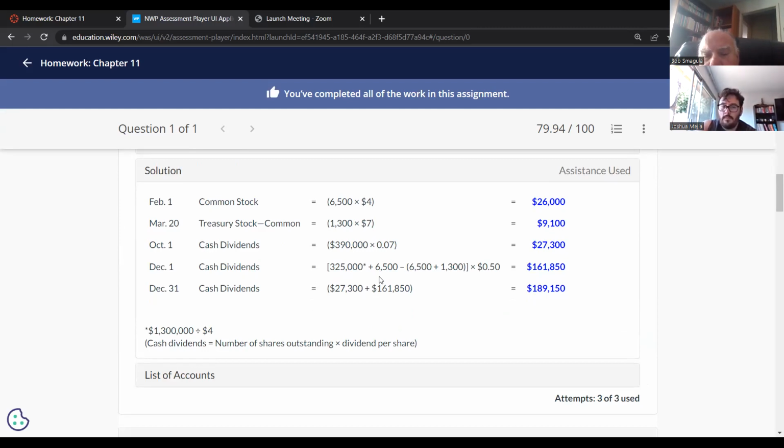But before they issued the dividend, they brought in treasury stock of 6,513. So the outstanding shares at one point were 331,500. Now those shares are being reduced because they bought them back from the secondary market.